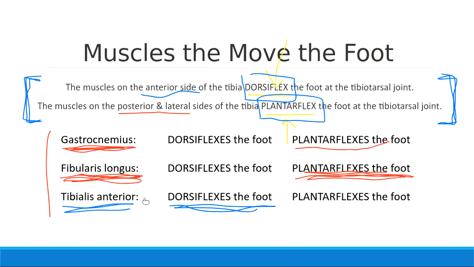That means this is a muscle that lives on the front side, because we're on the front side of my skeleton. If this muscle lives on the anterior side of the thigh, what do muscles that live on the anterior side of the thigh do to the tibia? Can we remember what it does? If you're on the anterior side of the thigh, what do I do to the tibia?